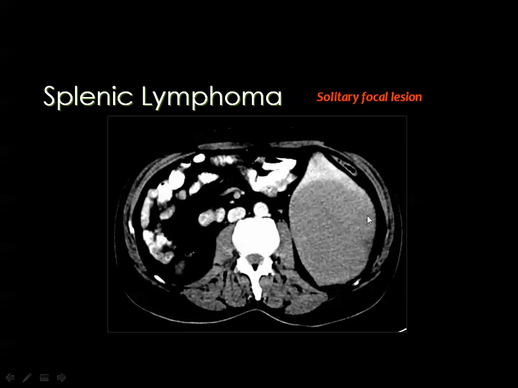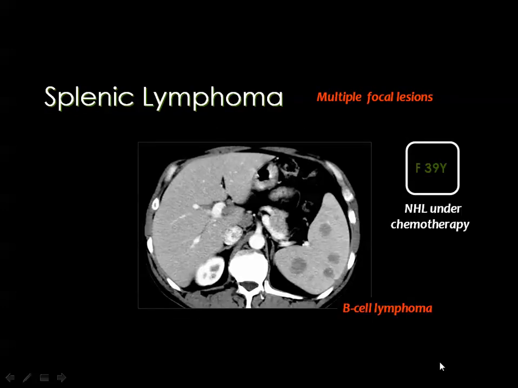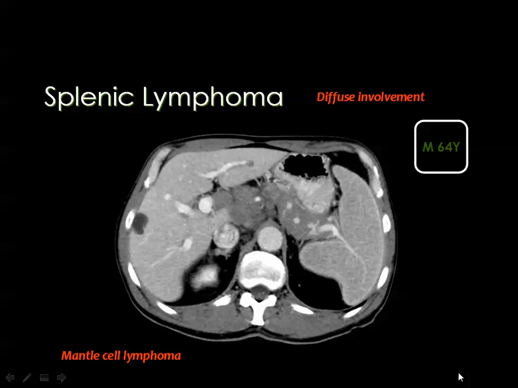Solitary focal lesion: this is the spleen being involved by a big single solitary focal lesion. Multiple focal lesions is the most common presentation. You see multiple solid focal parenchymal lesions in the spleen, and with solid lesions in the spleen, the first possibility should be lymphoma.